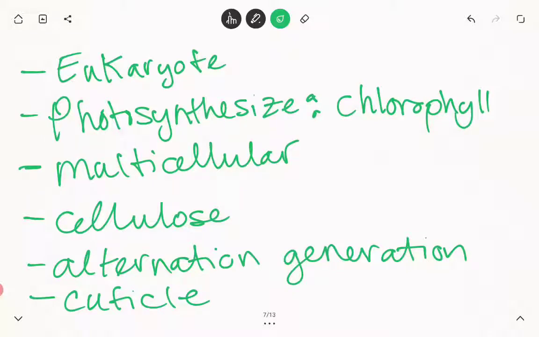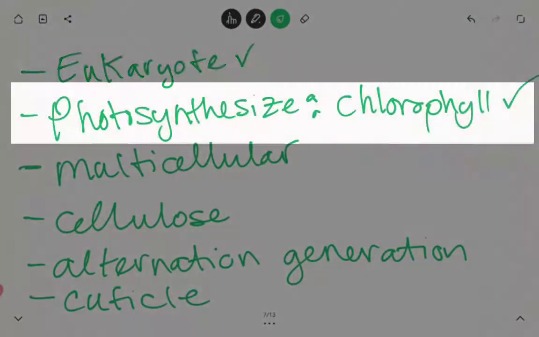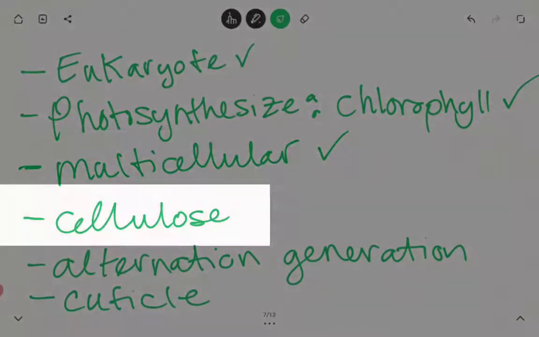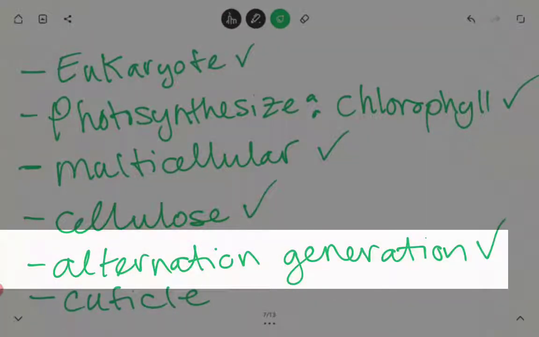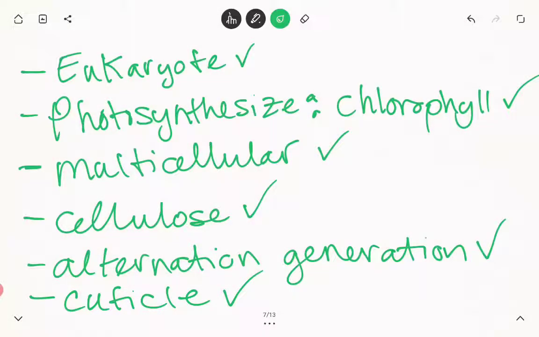Okay, so plants are eukaryotic organisms. They photosynthesize using the pigment chlorophyll. They are multicellular organisms. Their cell walls are made up of cellulose. They go through alternations of generations, and they have a cuticle, an outer waxy layer that helps to prevent them drying out because they are living on land.